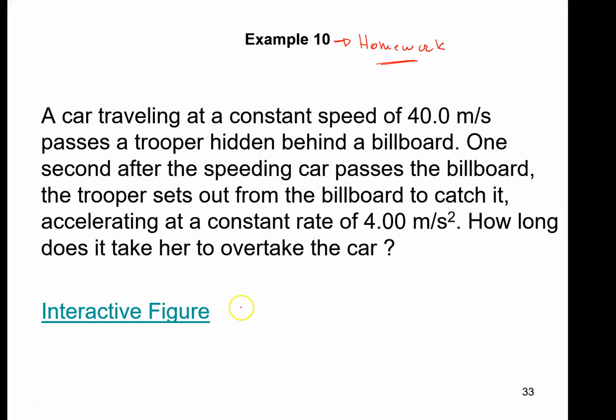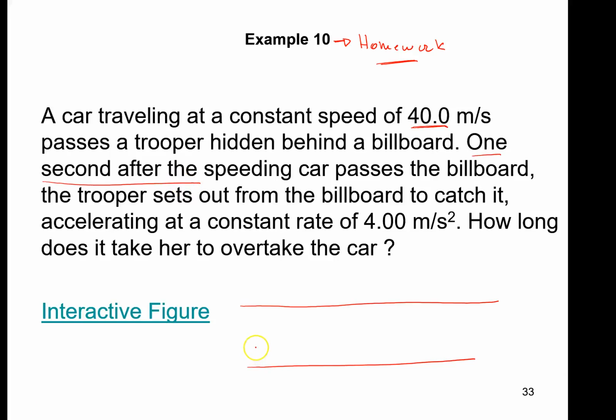So basically, in here, we're going to have the lane, okay? The speeder is driving at 40 meters per second, and the trooper will take off 1 second afterwards.